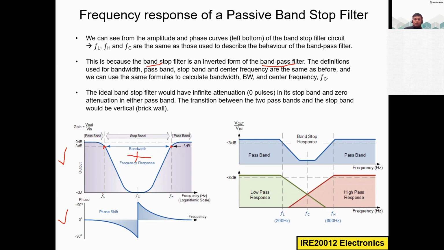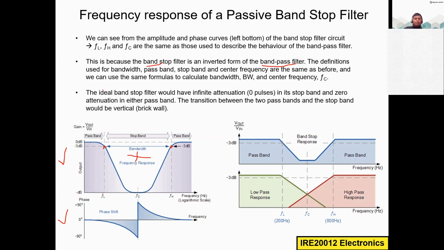All other definitions are the same: lower cutoff frequency, upper cutoff frequency, center frequency, pass band, stop band, and bandwidth. Here the bandwidth indicates whatever frequency we do not want, but in the band pass it's the opposite: the bandwidth indicates whatever frequency we want.